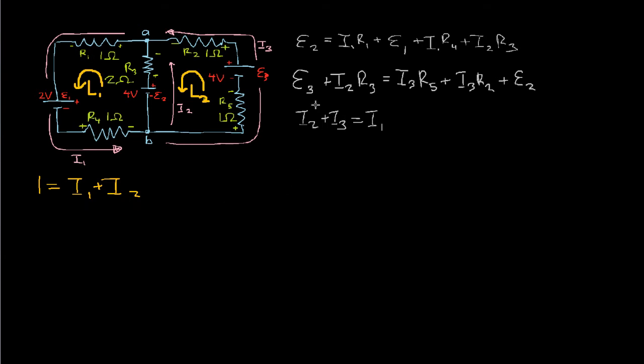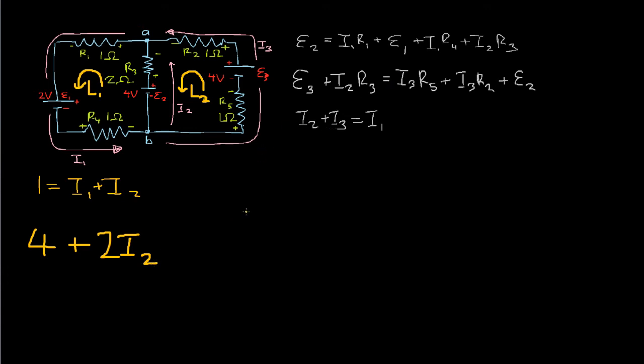Okay, so let's replace the loop 2 numbers. Okay, so what's E3? E3 is right over here, 4 volts again. So 4 plus I2R3. We remember I2R3 over here was 2 ohms and I2, so 2I2.